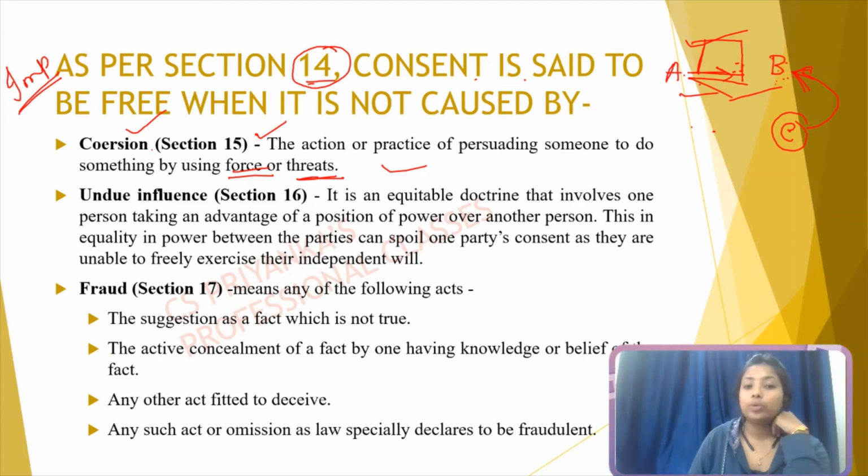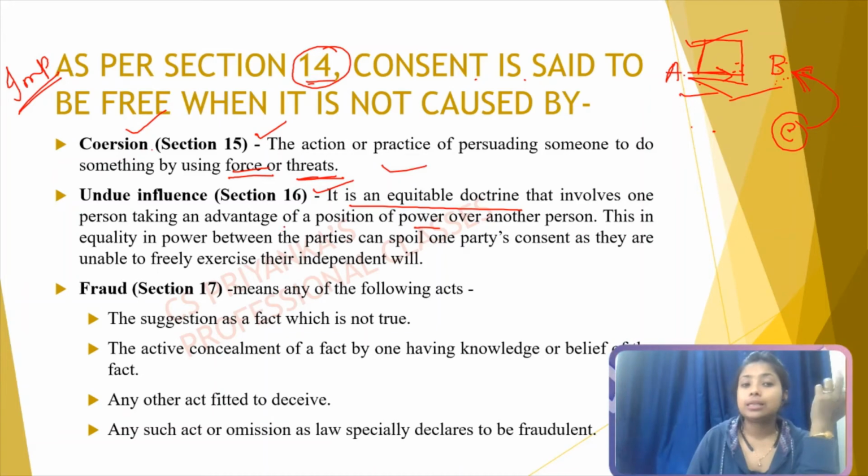Next is undue influence, which comes under section 16. That means no other person should influence you to do anything or to give your consent under the influence of some other party. Got it? It is an equitable doctrine that involves one person taking advantage of a position of power over another person.